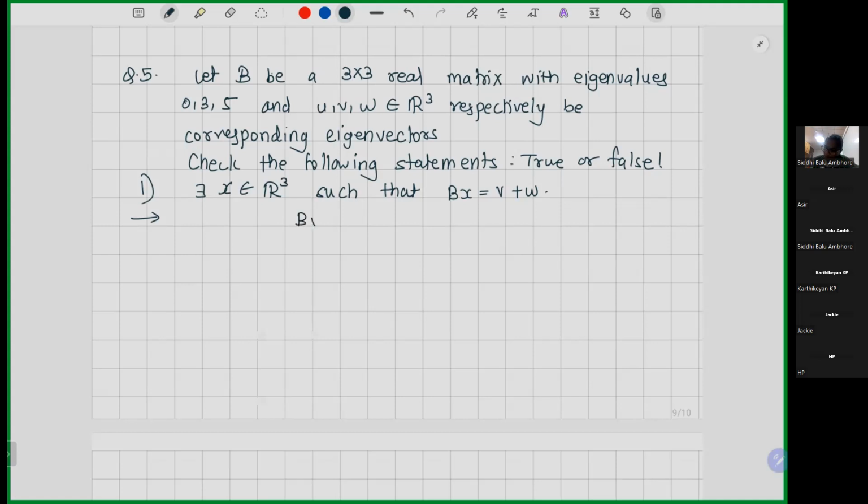So BV is equal to 3V and BW is equal to 5W. I think this is what you mean. Yes. So can we have X such that Bx is V plus W? They are asking whether I can have this. I need to find X, if it exists.